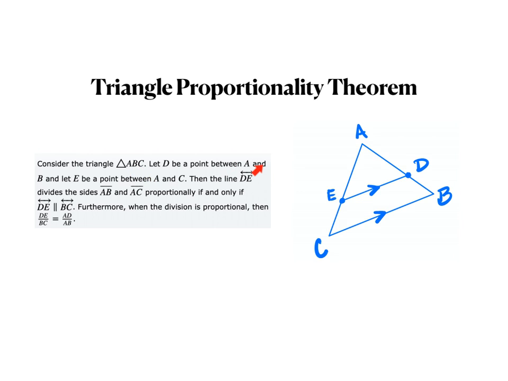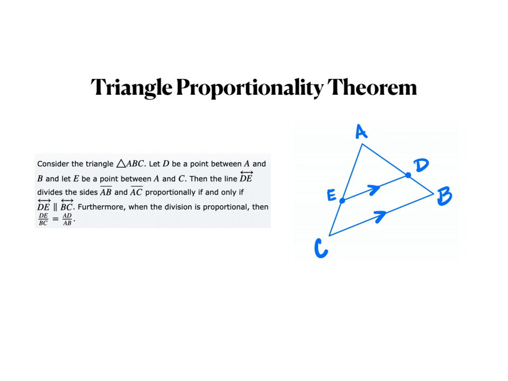D is a point between A and B, and E is a point between A and C. Then the line DE divides the sides AB and AC proportionally if and only if DE is parallel to BC. So if this is parallel to that, it would divide the sides proportionally.